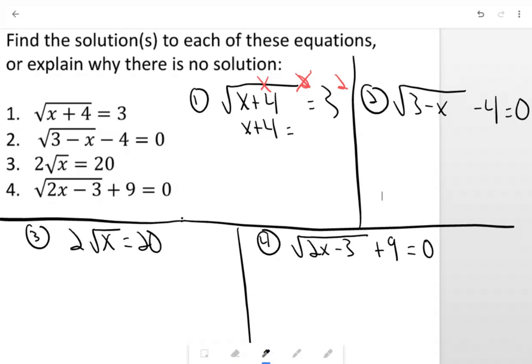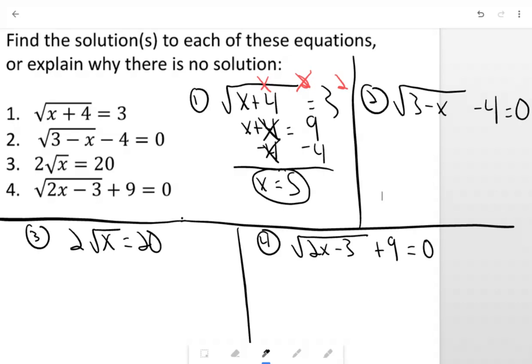And then on the right-hand side, I have 3 squared, which is 9. Then I can now solve for x by simply subtracting 4 from both sides, and I end up with x equals 5. And that is it for number 1.